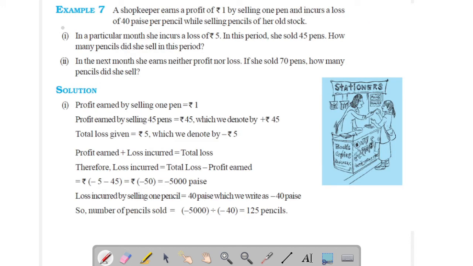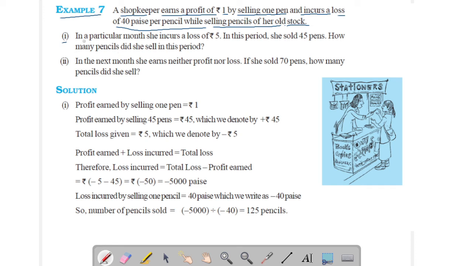Now come to example 7. A shopkeeper earns profit of rupee 1 by selling one pen and incurs a loss of 40 paise per pencil while selling pencils of her old stock.